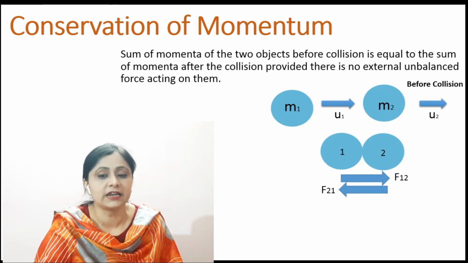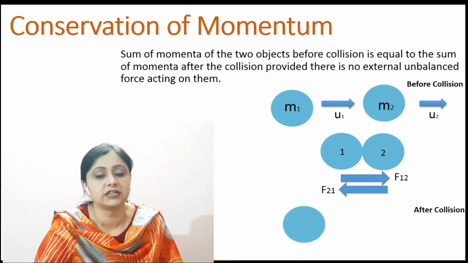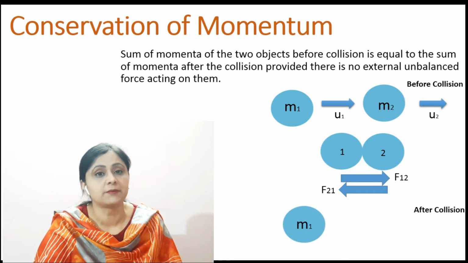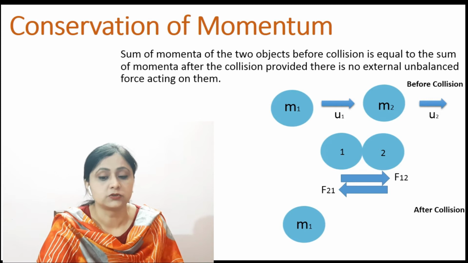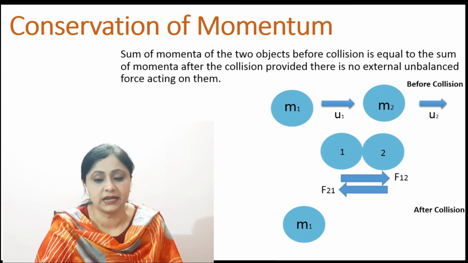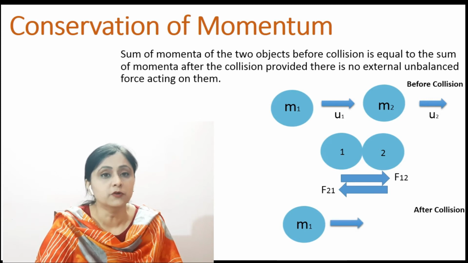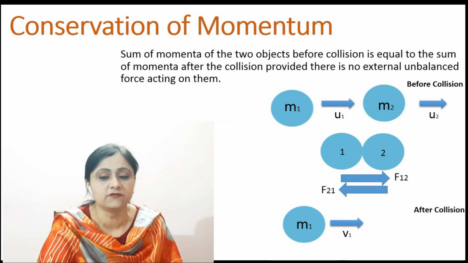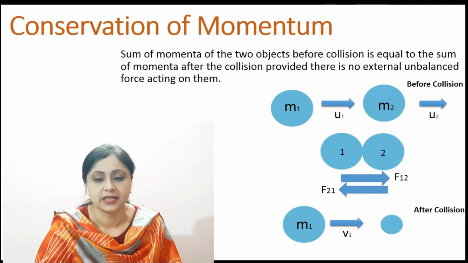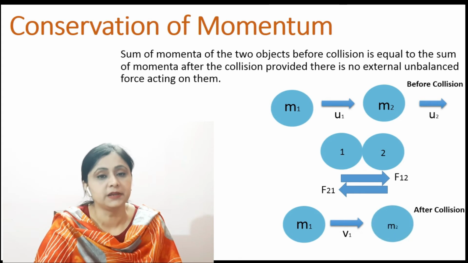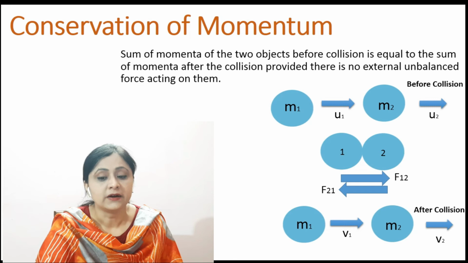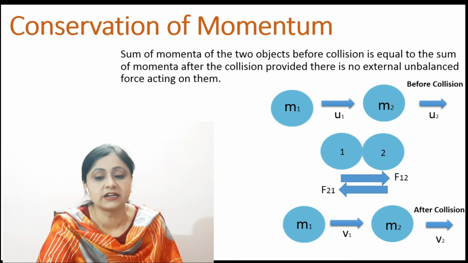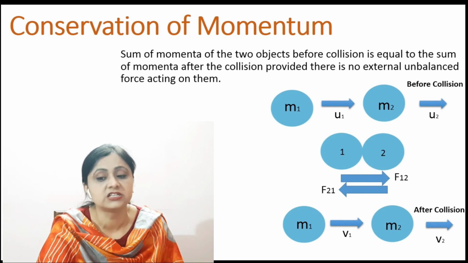Now when they collide, they will also move. After collision the mass will remain the same, so the mass remains m1 and it will move with velocity v1, because u1 changes to v1. Then this is ball m2, which will move with velocity v2. The mass will remain the same but the velocity will change.